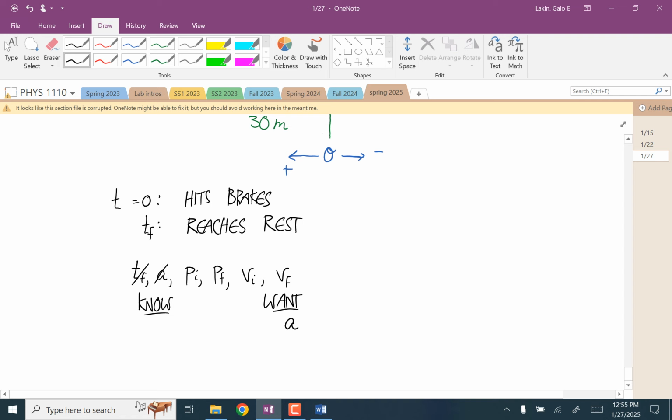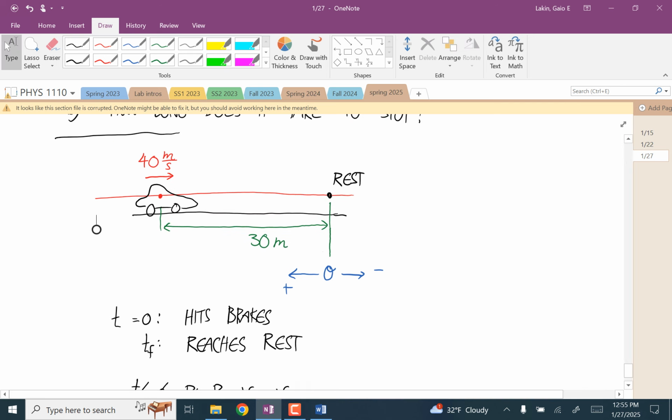Do we know the car's position at time equals 0, when we click on the stopwatch? We do, and you figure that out the same way you did those position versus time problems from last week. If you start at 0 and go 30 meters in the positive direction, what's the value where the car is here?